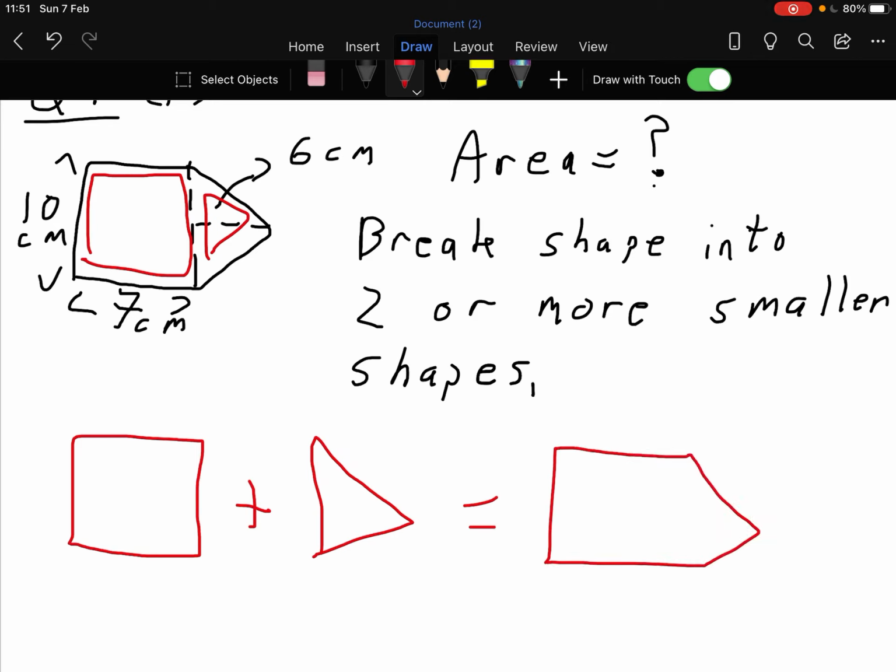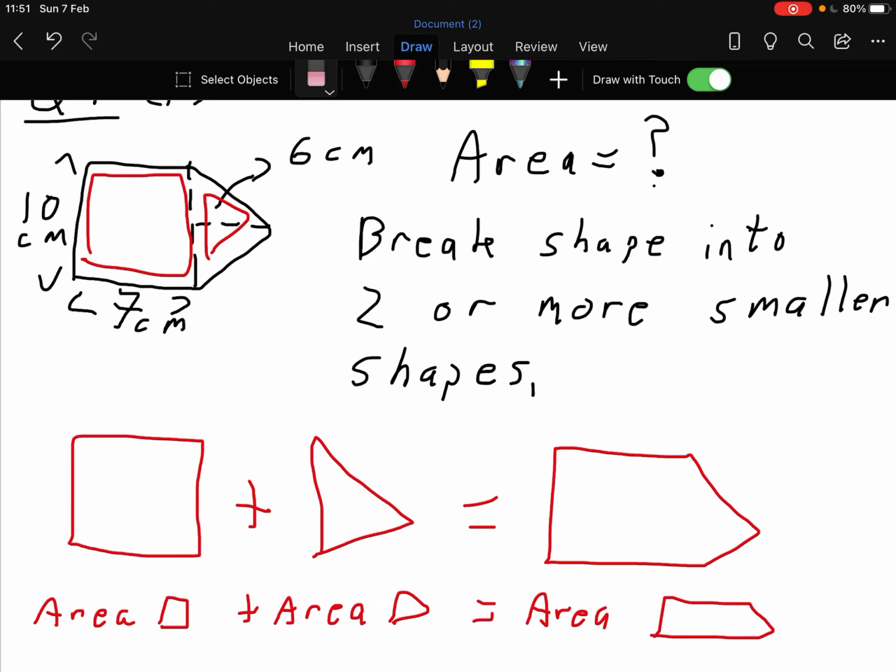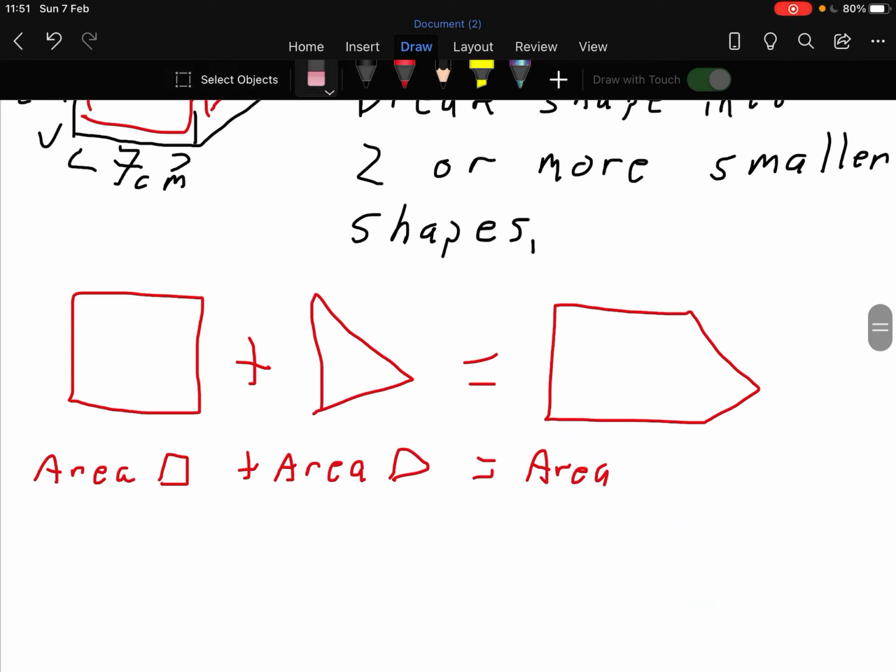So the area of the square plus the area of the triangle equals the area of our total shape. Oh, I ran out of space there. Let me bring this up and redraw that one.